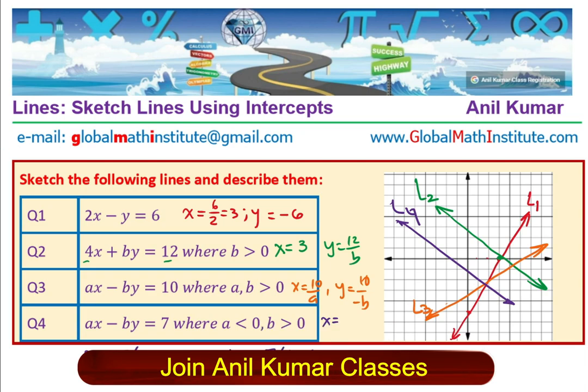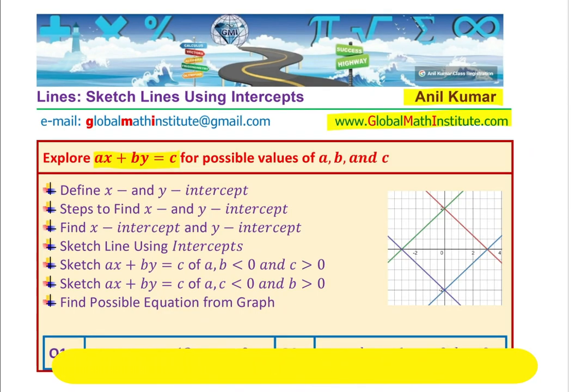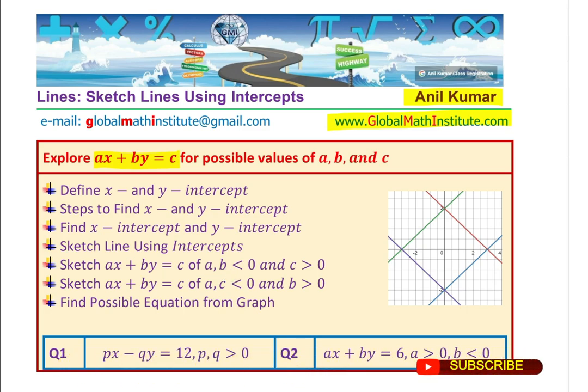Perfect. So in this particular video, you learned all these concepts. You know now how we define x and y intercepts. We've seen how we find the intercepts and sketch a graph, correct? We have drawn many lines depending on different conditions, and here are your practice test questions.